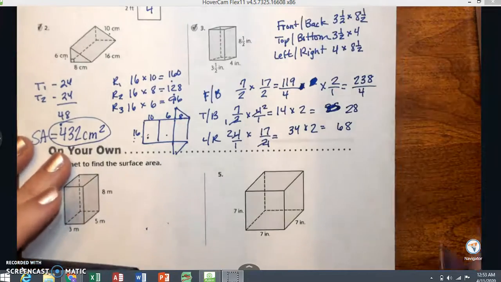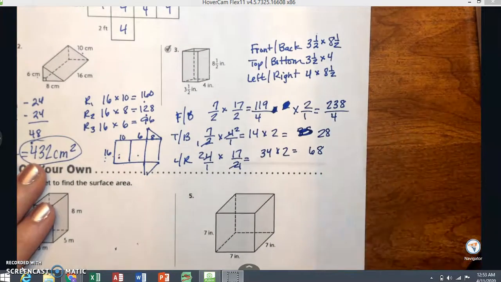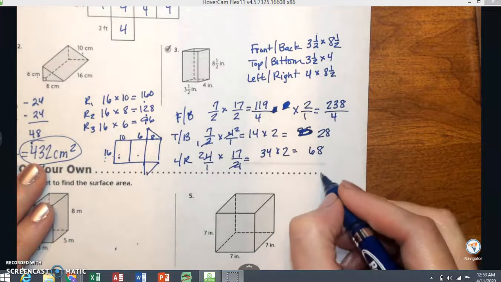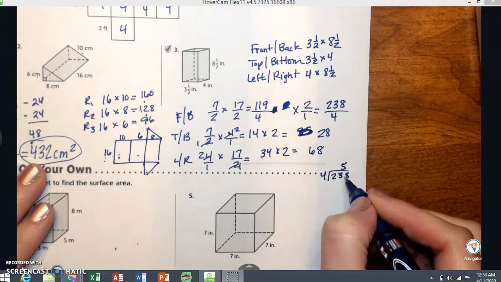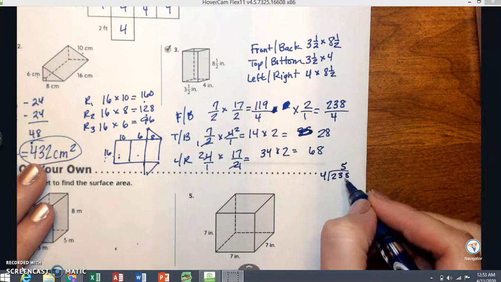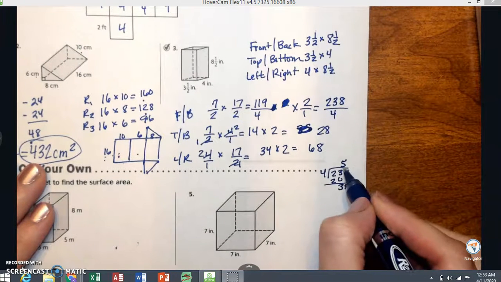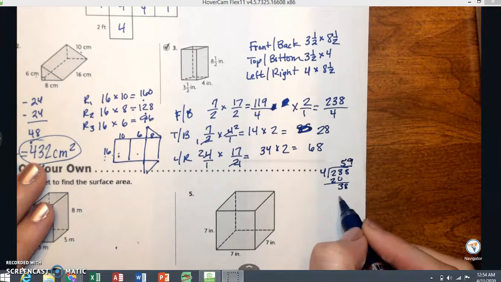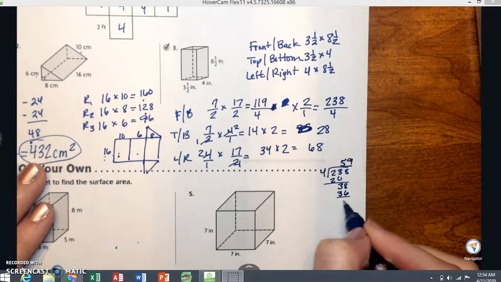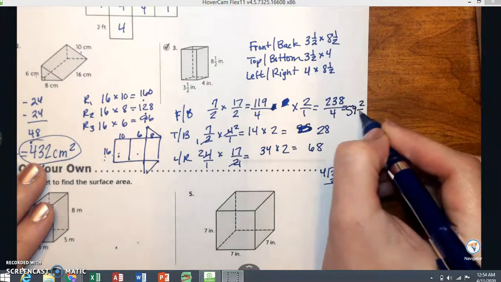Alright, so let's go ahead and make this a mixed number. So 4 will go into 238. So I get that this is 59 and 2/4.